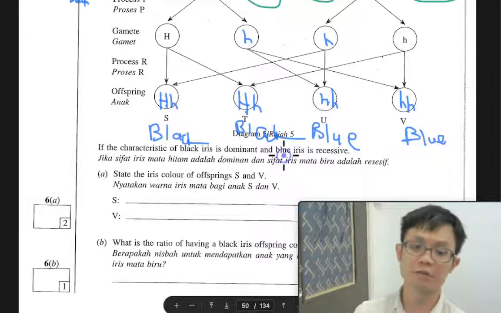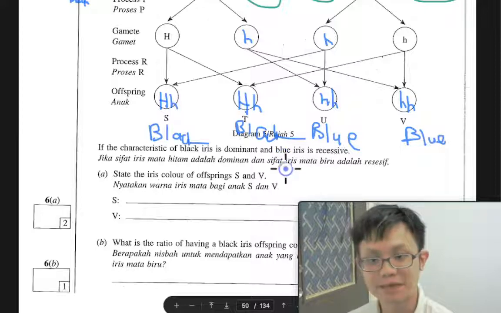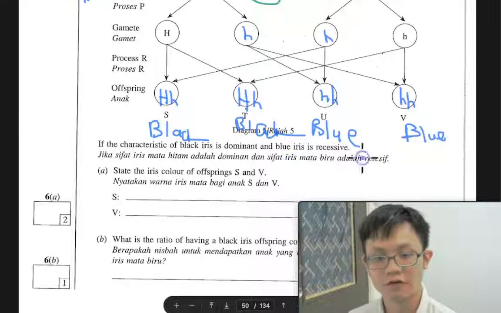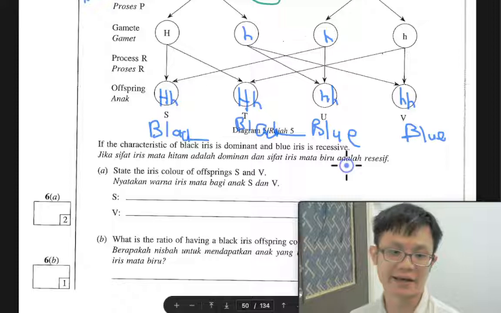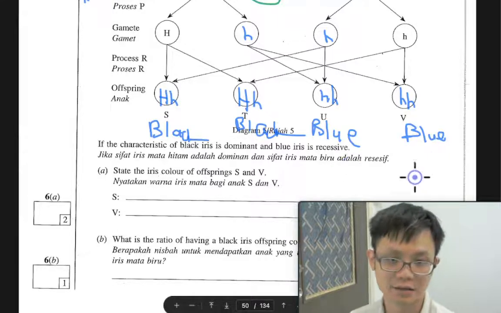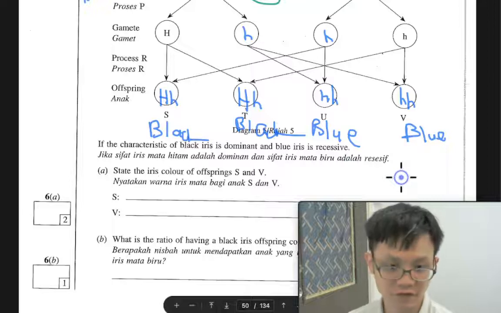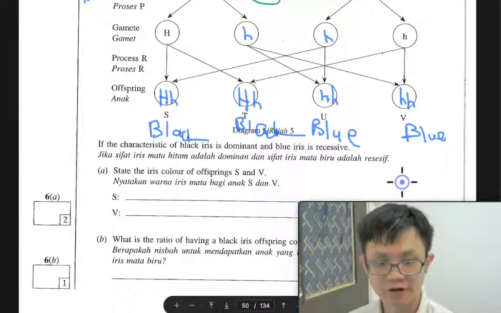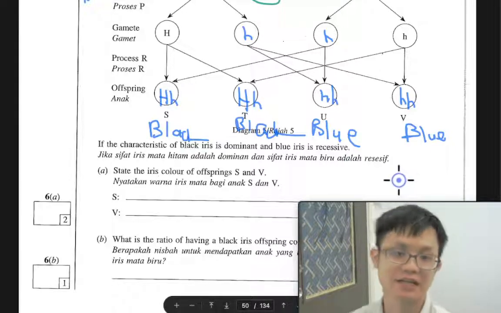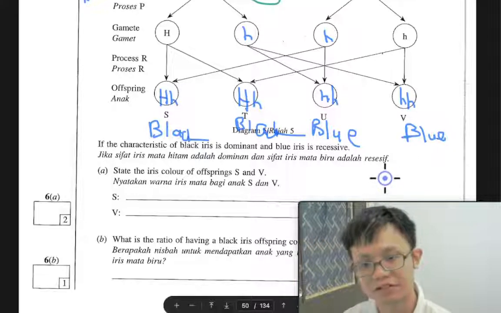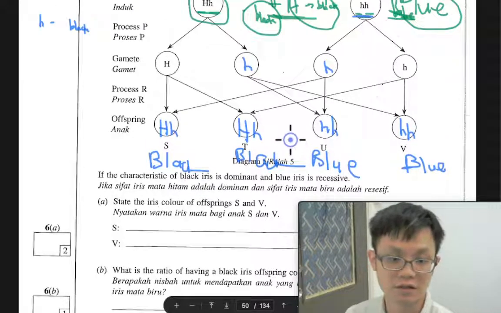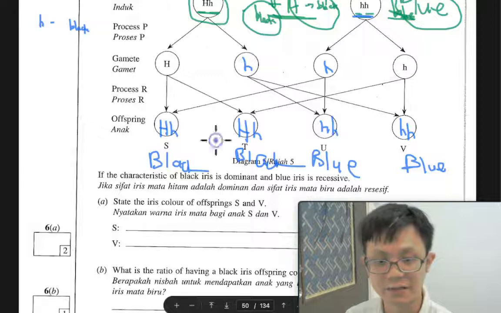So we can see from here how many percent of the sons will get blue eyes. 50-50. You will get a half, 50% chance. It depends on the question.